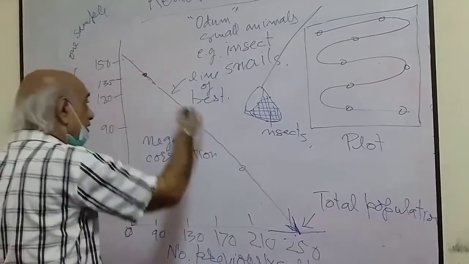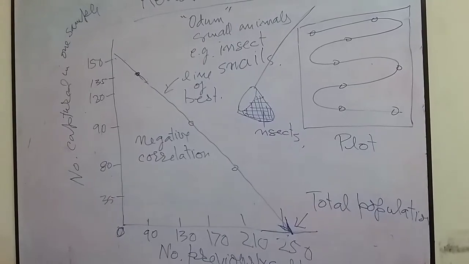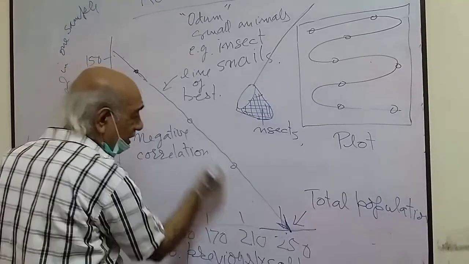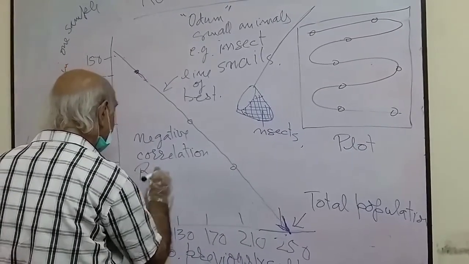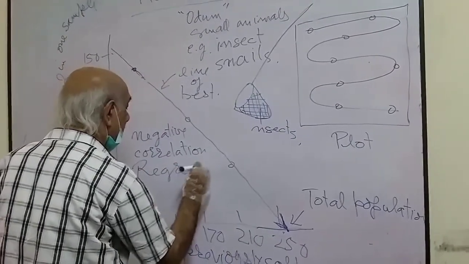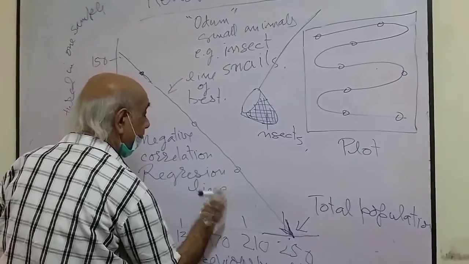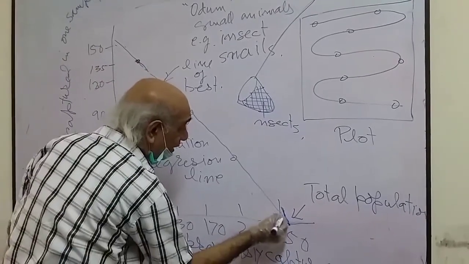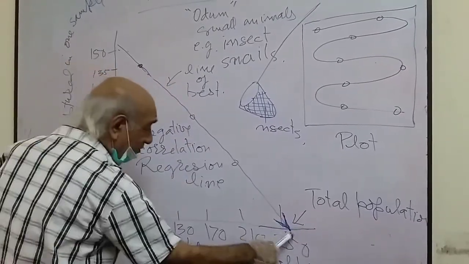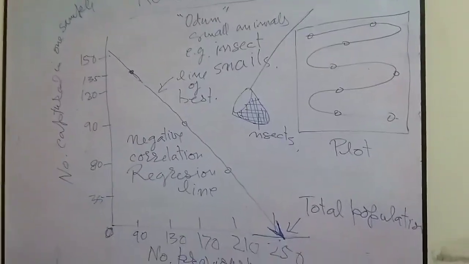If you draw this straight line, which is the line of best fit, in the form of a negative correlation or negative regression line, which is the line of best fit to the data. This is the best fitted line. So wherever it joins the x-axis, that is the value of the total population of animals present in the plot.